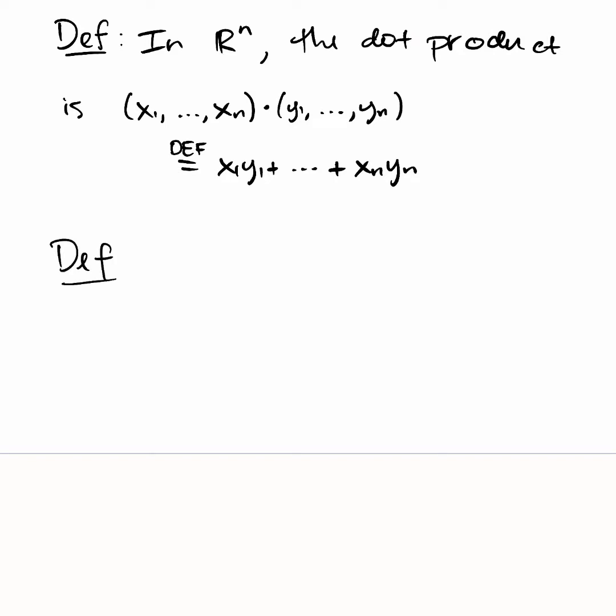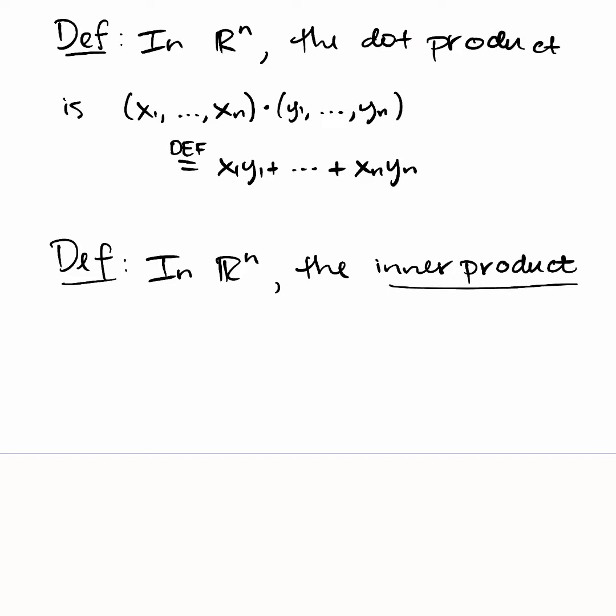So for us, in Rn, the inner product, which is the term we're defining now, rather than writing out the two vectors and putting a dot in between them, we use these angled brackets.